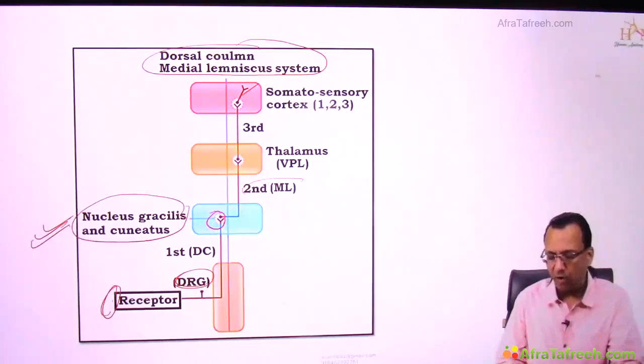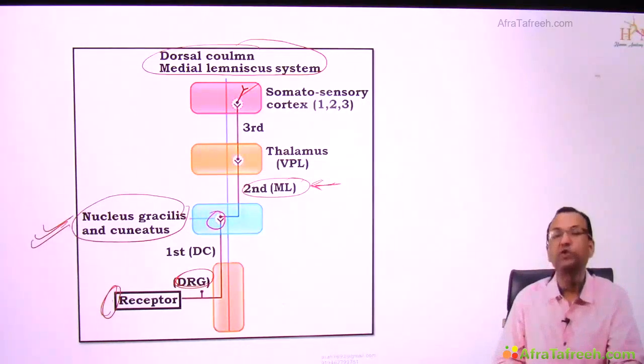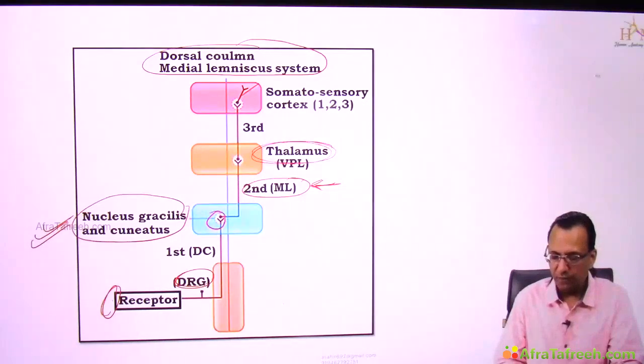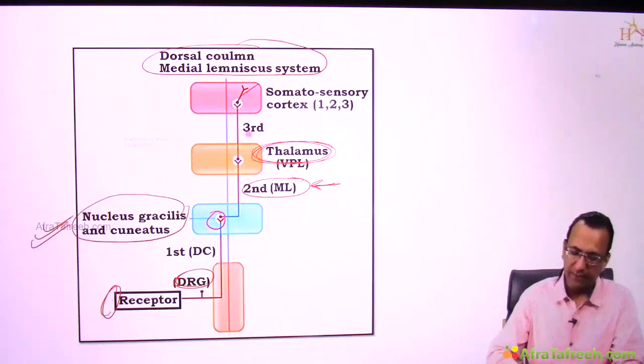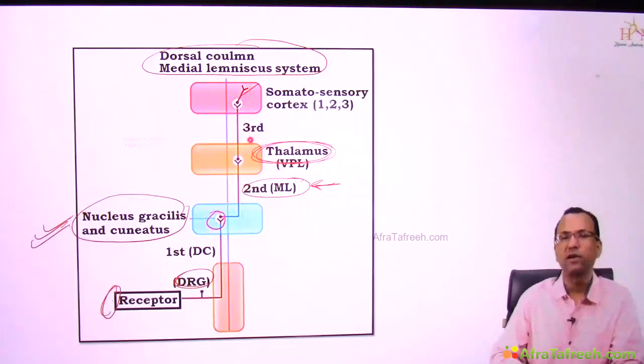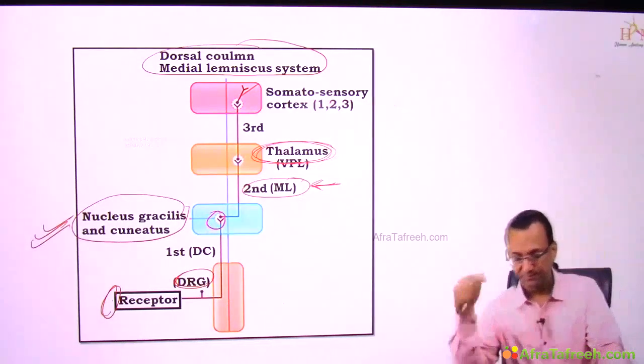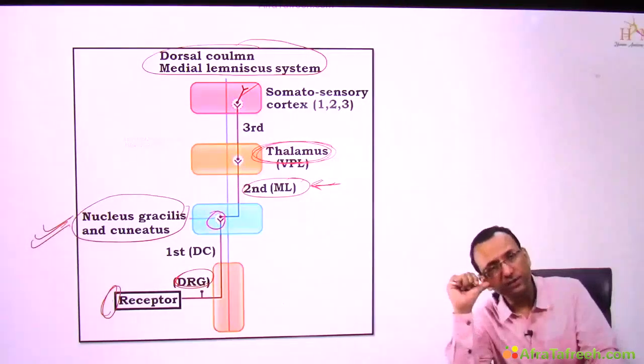They will be running contralaterally as the medial lemniscus to reach the third order neuron in the thalamus. From the thalamus, it will pass through the internal capsule to reach the postcentral gyrus, parietal sensory cortex, area number 1, 2, 3. That is our discussion.